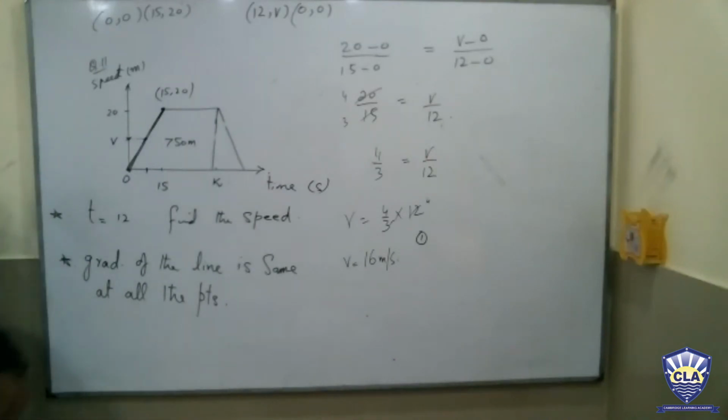Find K. The distance traveled from 0 to K is 750 meters.